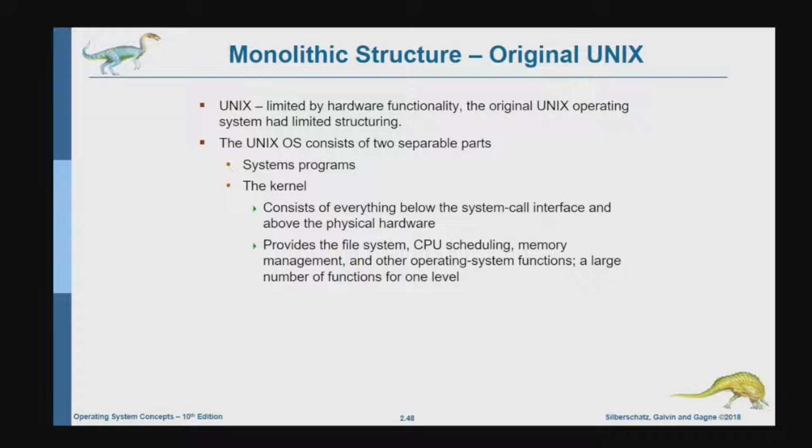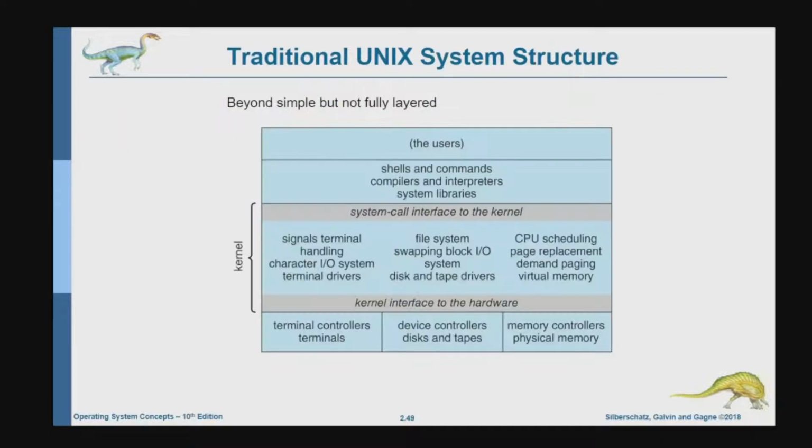So we have the physical hardware, and above the physical hardware, we have the kernel. And then we have the system call interface. These are the basic structure of the traditional Unix.